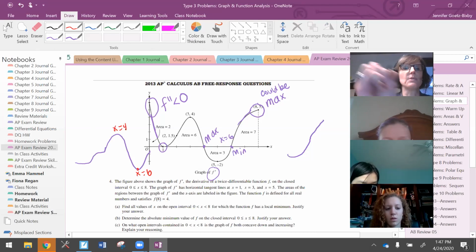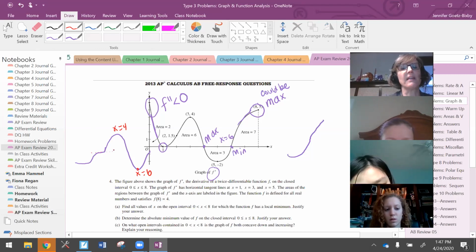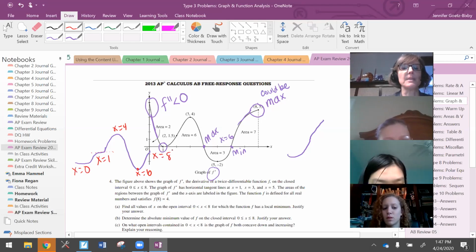This is x equals 4. This kind of saddle point here where you would think that the derivative, the slope would be horizontal, that's x equals 1. And then coming from over here would be x equals 0, and this would be x equals 8.